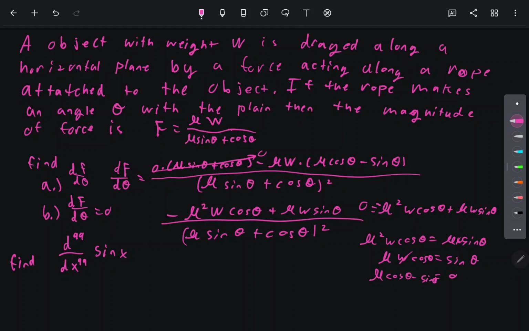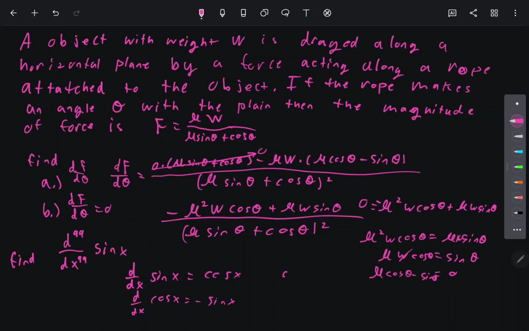Alright, and now I just really have one last problem for us today. And it's to find the 99th derivative of sine of x. So, this is going to be a challenge. The derivative of sine once is equal to cosine. The derivative of sine twice is going to be negative sine.